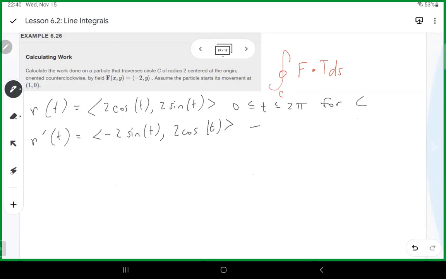Okay, so then that also tells us F of r of t, so then we have the following.